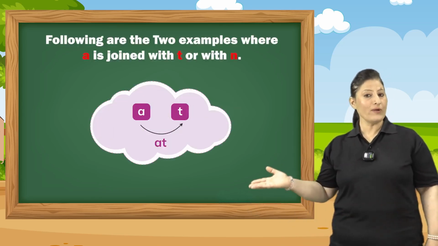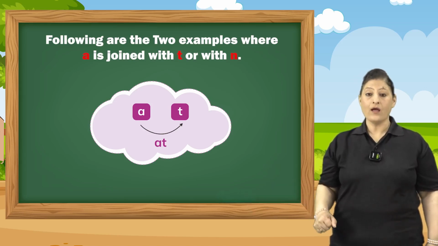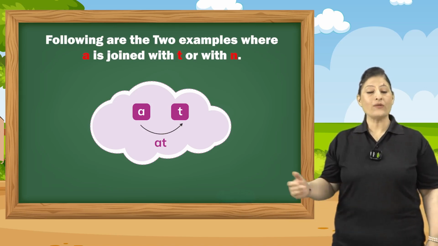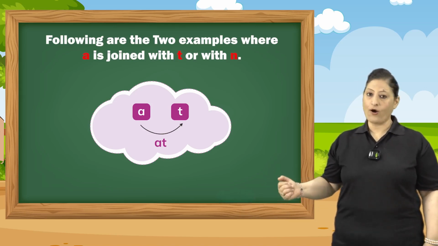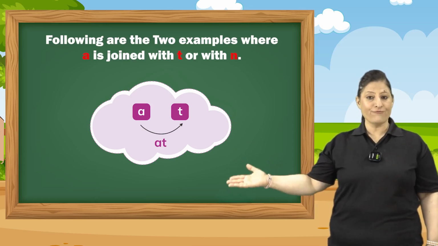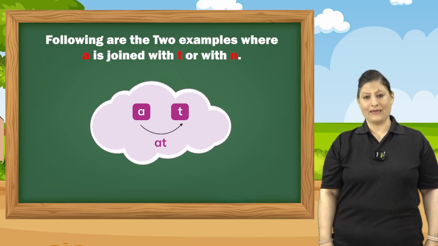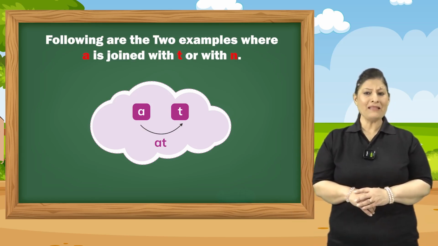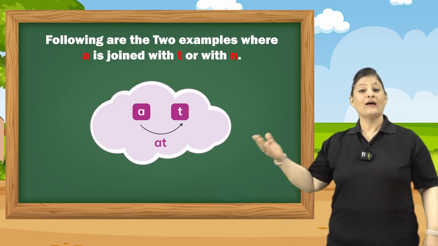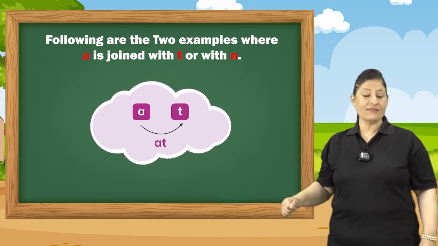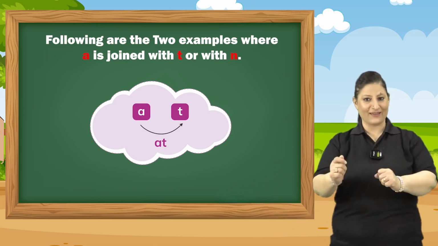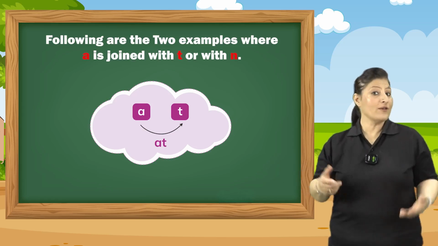Following are two examples where letter A or vowel A is joined with consonant T or with N. As you can see on the screen, in the first example, A is sitting alone and then comes the letter T to meet vowel A. When they meet together, they hug each other and play. And when they play, they form a new word.